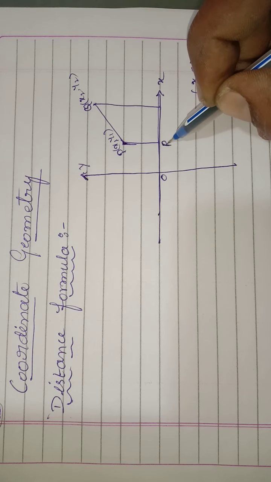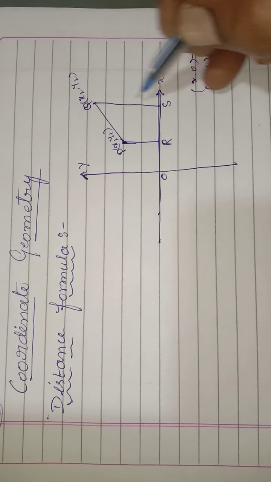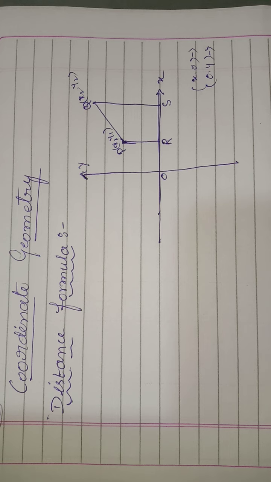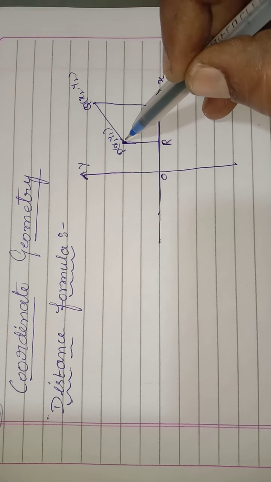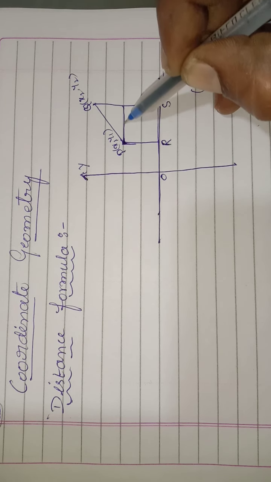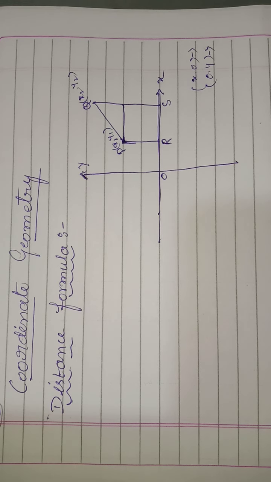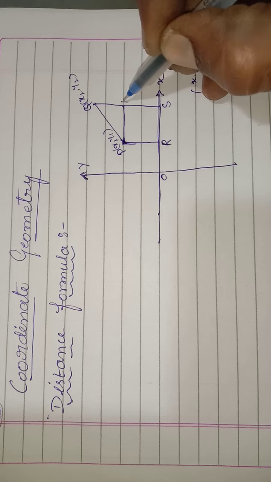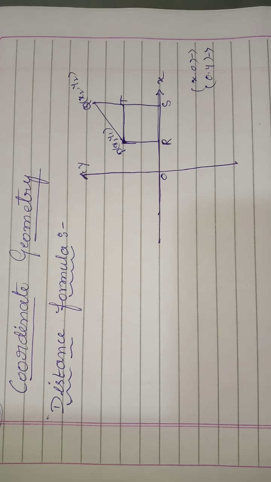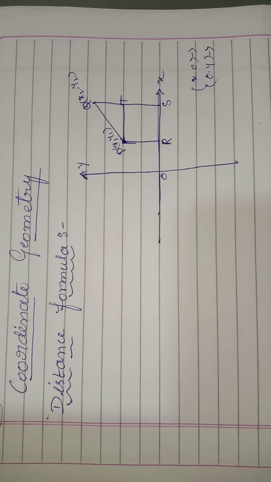This is R and this is S. PR and QS are drawn perpendicular to the x-axis. Then draw a perpendicular from the point P on QS, meeting it at the point T. PT is perpendicular to QS.